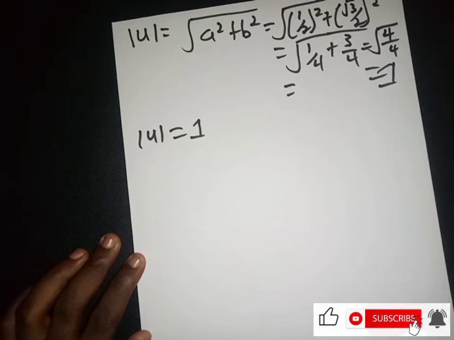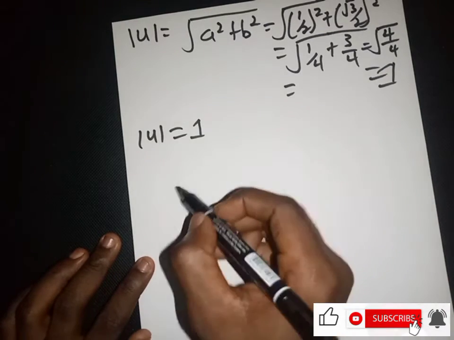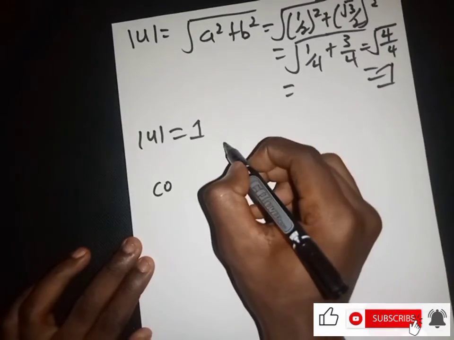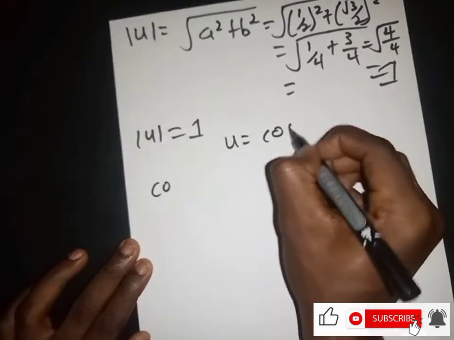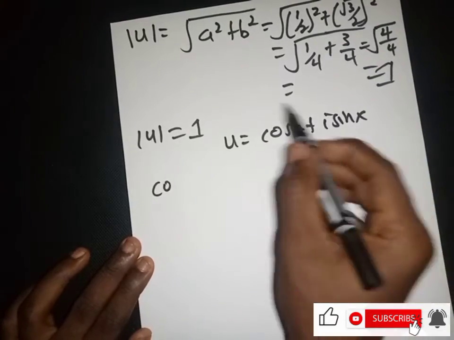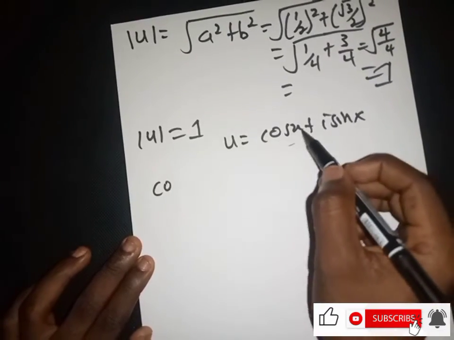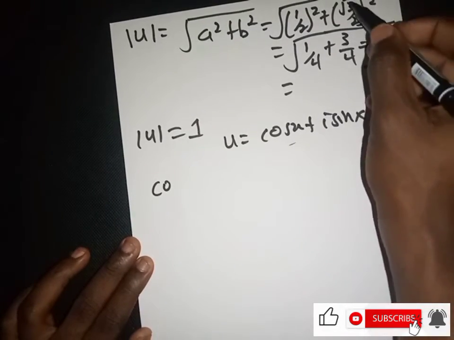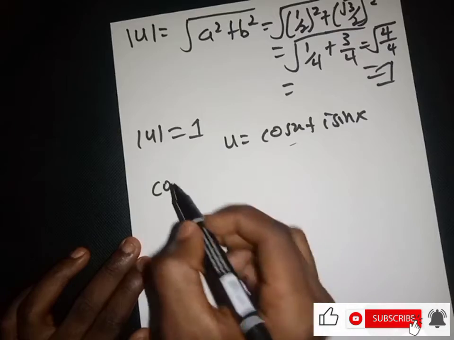And therefore we can do that by using their inverse, right? So using the inverse, you realize that in the first place our u here is just cos x plus i sine x, right? So we have to find a value whose cos is 1 over 2 and whose sine is root 3 over 2. So quickly we can do that using the inverse.